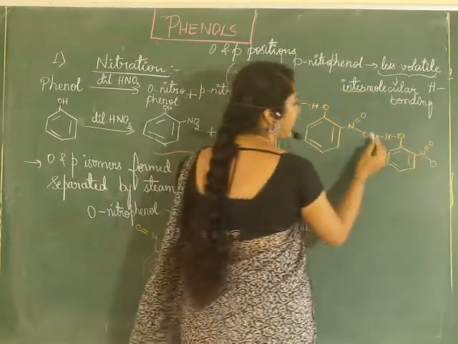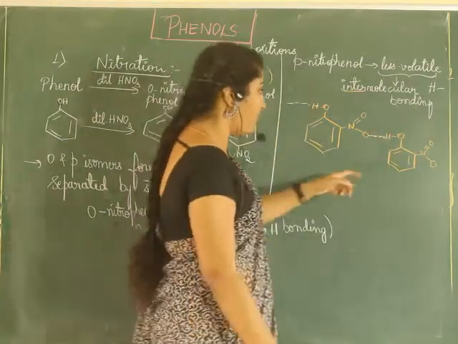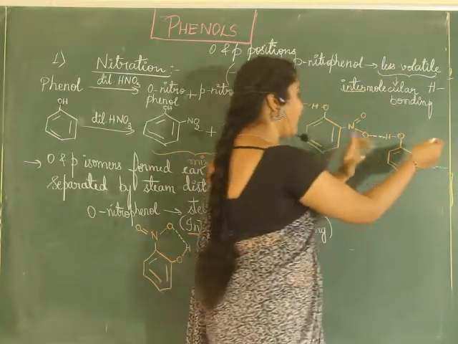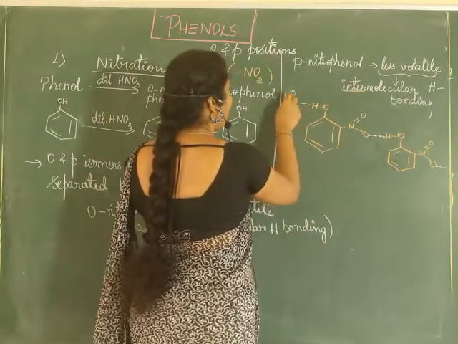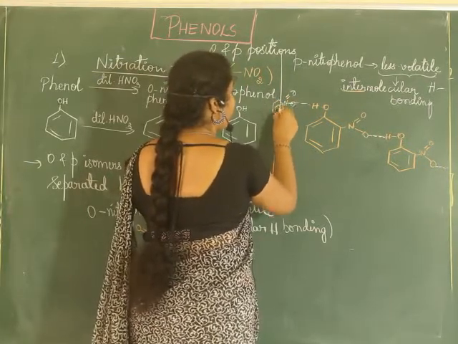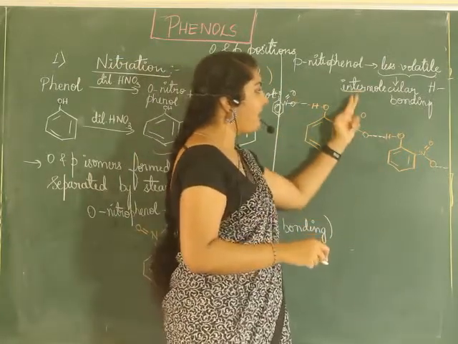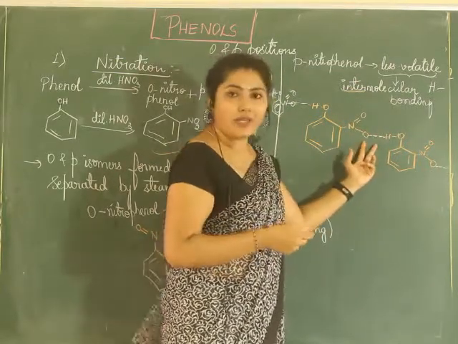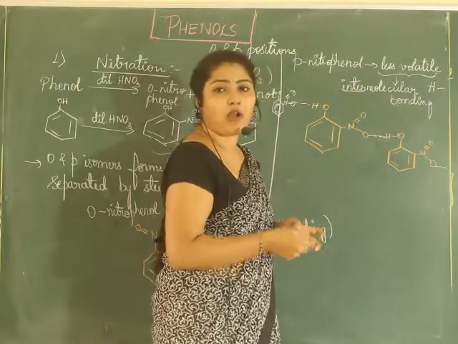So this oxygen, see here, between the oxygen of nitro and OH of the another molecule, the bond has been formed, hydrogen bonding. Again this oxygen further bonds with one more. So here there is oxygen, then NO, and here there is one more benzene moiety with OH. That is what it means. So here you can see it is intermolecular hydrogen bonding. Between the molecules, the hydrogen bonding is taking place, because of which it is less volatile to steam. The bonds cannot be easily broken.